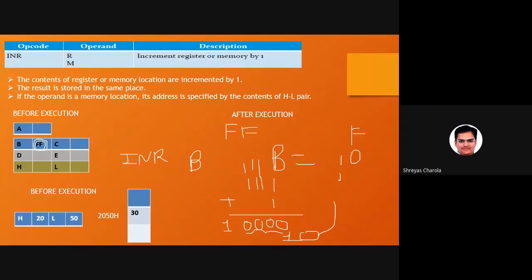Again it will start 11, 12, 13, 14, 15, 16 till 1F. What is the next number after 1F?